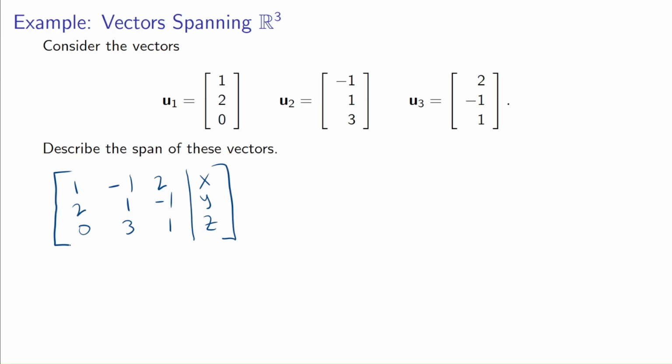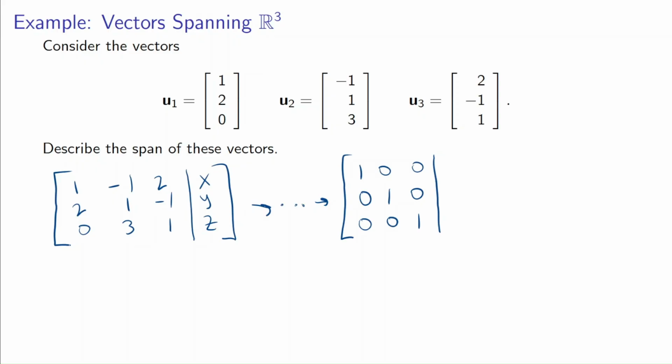We could go through the whole process of row reduction and see what happens to our matrix. I'm not going to go through all the steps, but that coefficient matrix side would row reduce to this matrix here, 1, 0, 0, 0, 1, 0, 0, 0, 1. We've called that the identity matrix in a previous video, so the 3 by 3 identity matrix.